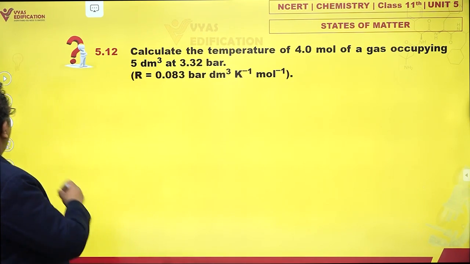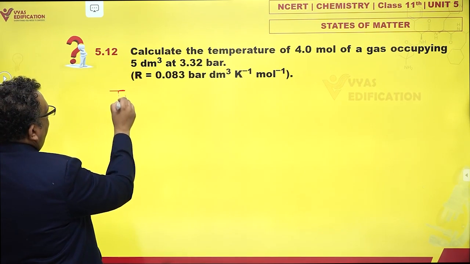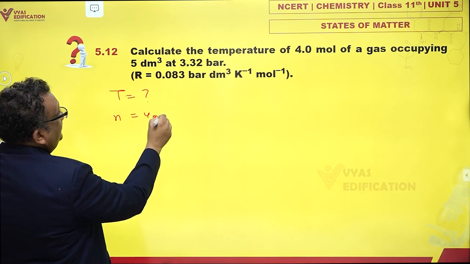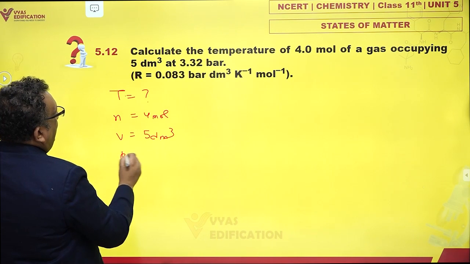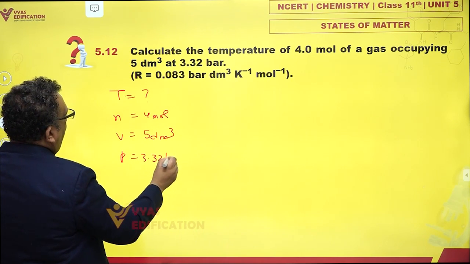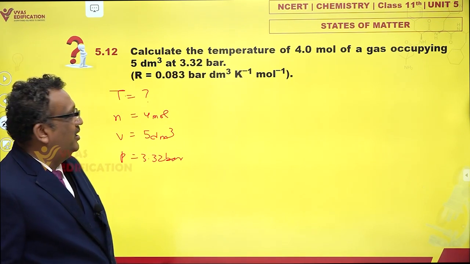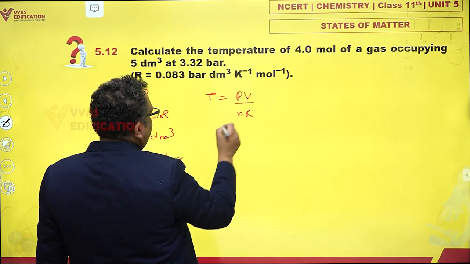Calculate the temperature. Wow. I must note the data. The temperature has to be calculated of 4 moles of a gas occupying 5 decimeter cube at 3.32 bar. I just have to substitute in PV is equal to nRT. T is PV by nR.